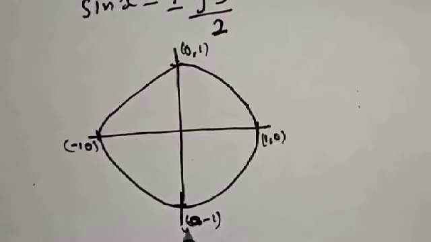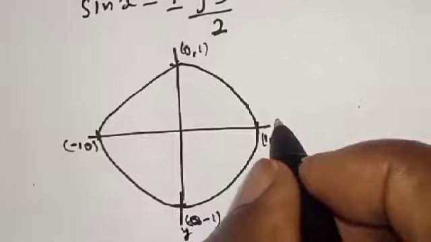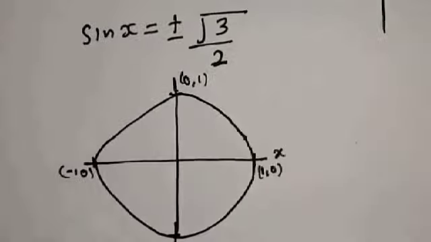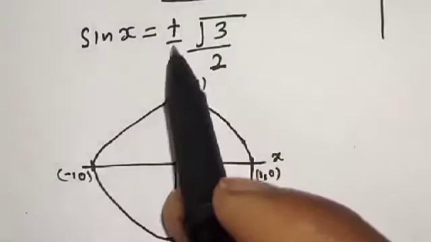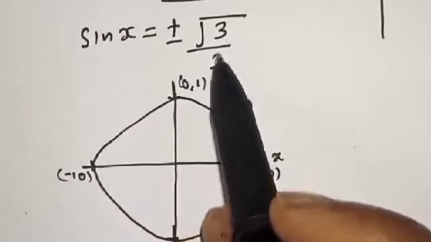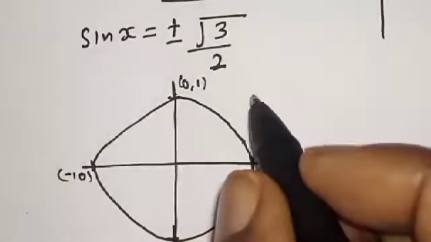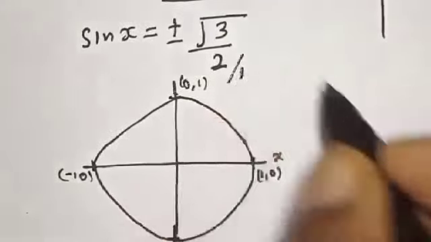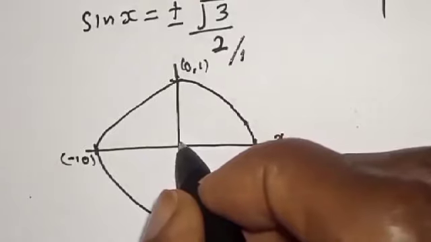Then this is our y, and here is x axis. But the sine x is equal to plus or minus square root of 3 over 2. And sine is opposite over hypotenuse. This is also over 1. Then let's draw our angle here.